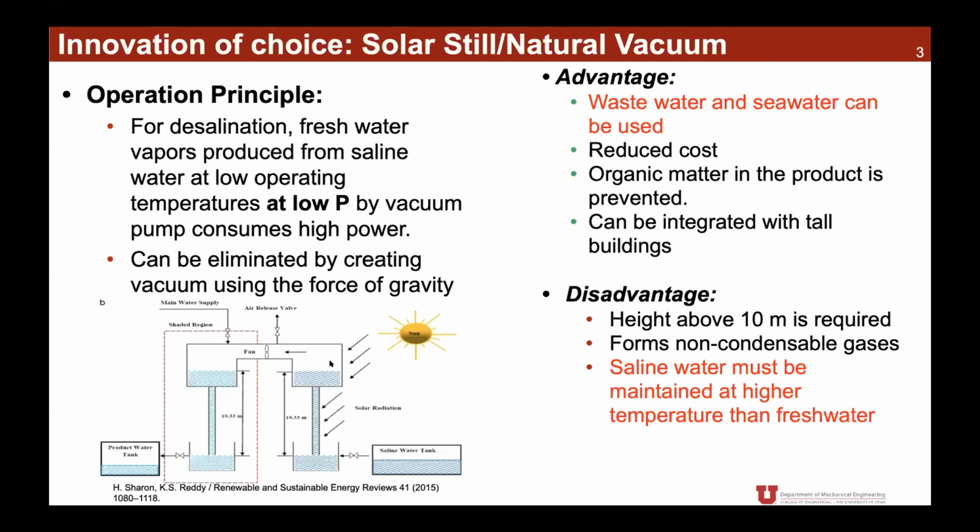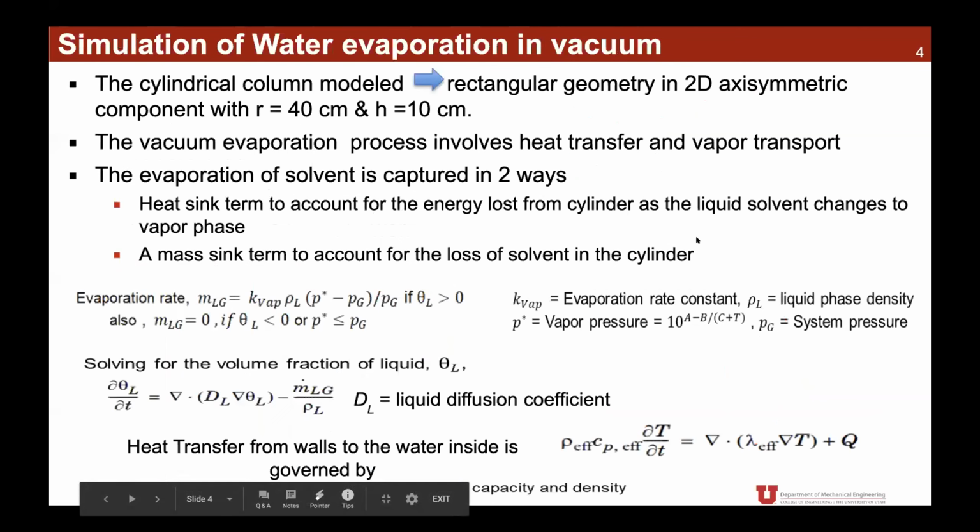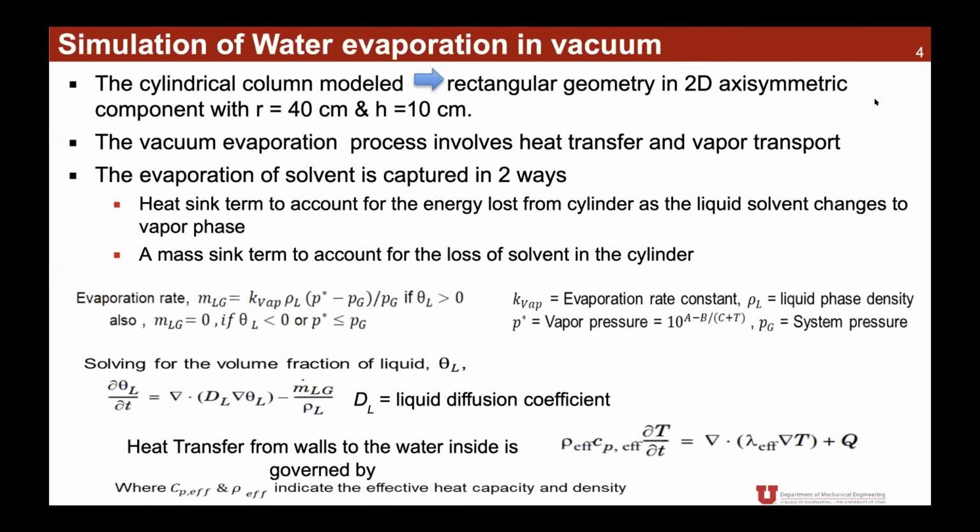So yeah, with that being said, I'll just hand it over to Prate so we can go over our simulation and our expected results. As Joseph explained, it needs a big height of 10 meters and it's a cylindrical system, but what we are looking into right now is the evaporation of water, and the evaporation only occurs at the very top surface or near the top surfaces. So in terms of avoiding complexity, it makes sense to model it in a rectangular geometry with axisymmetric symmetry.